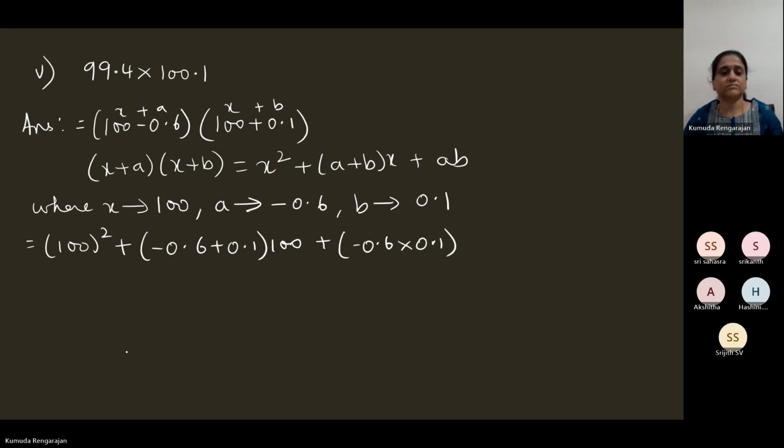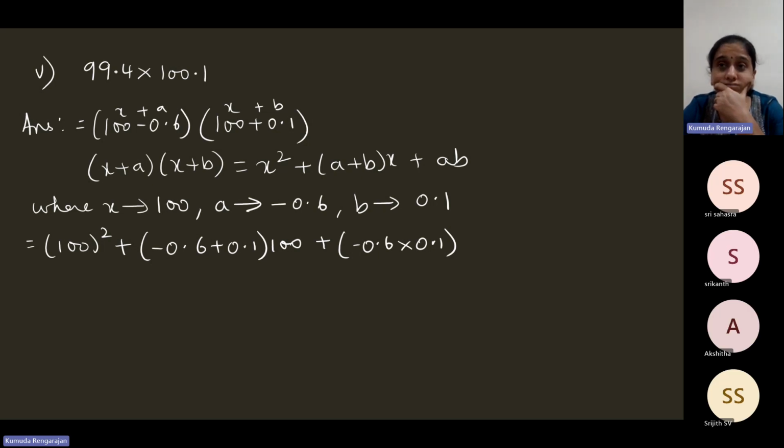Correct. And then 10,000 plus 0.5 into 100 minus 0.06.